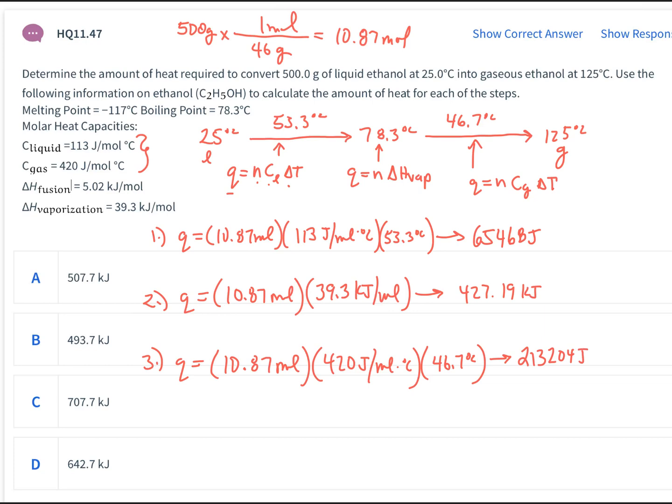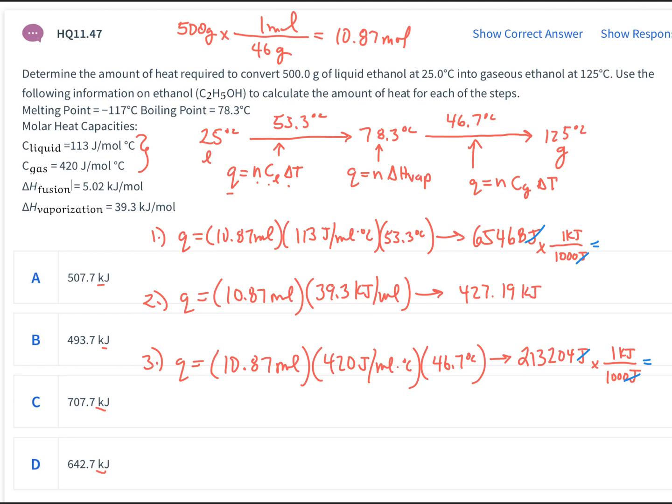So if we take a quick look at the units, all the units of the answers we're given are in kilojoules, so I need to convert joules to kilojoules. And so I can do that by multiplying by, there are 1,000 joules in 1 kilojoule. And taking a look at units, right, joules cancel out, and I'm left with kilojoules.